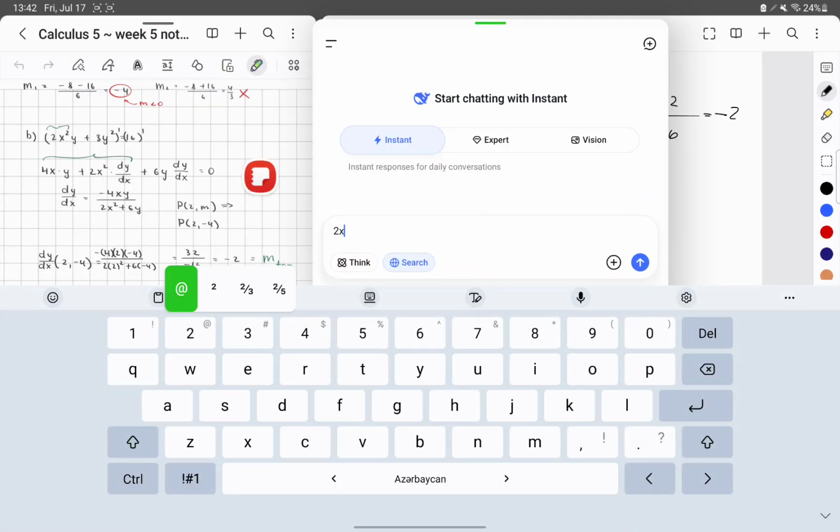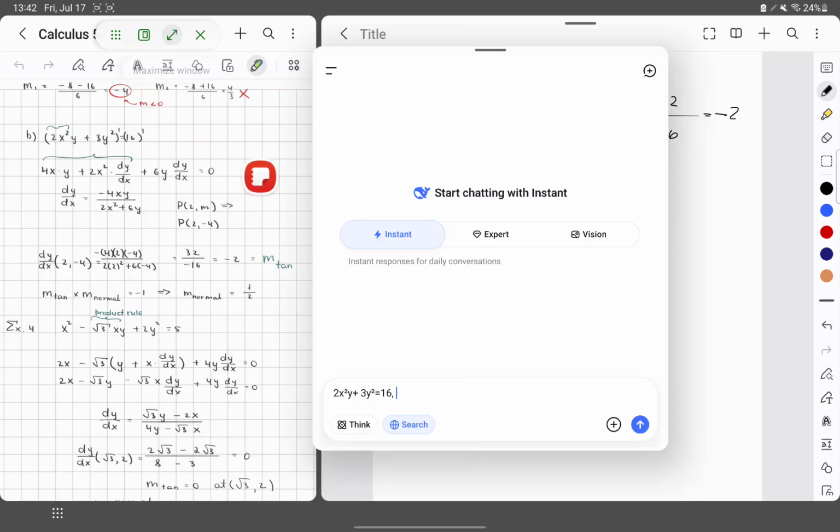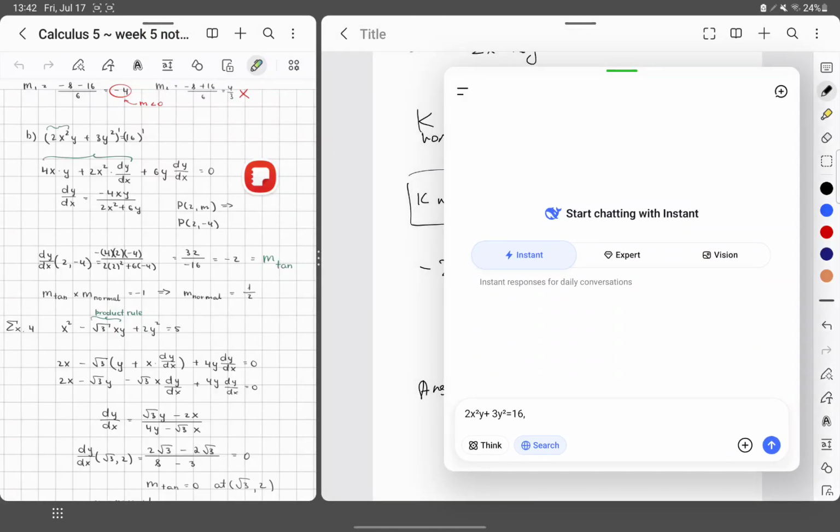2x squared y plus dx 3y squared equals 16. What does the question ask?